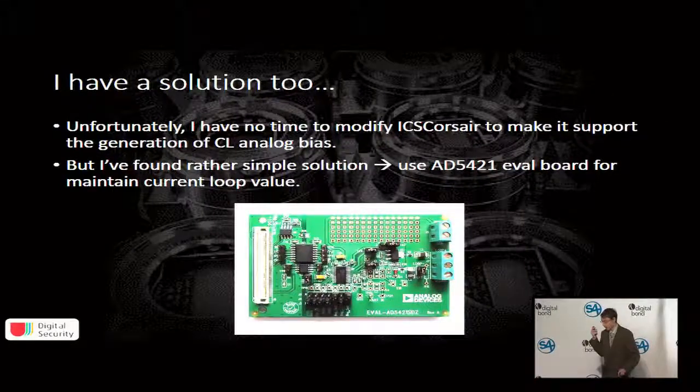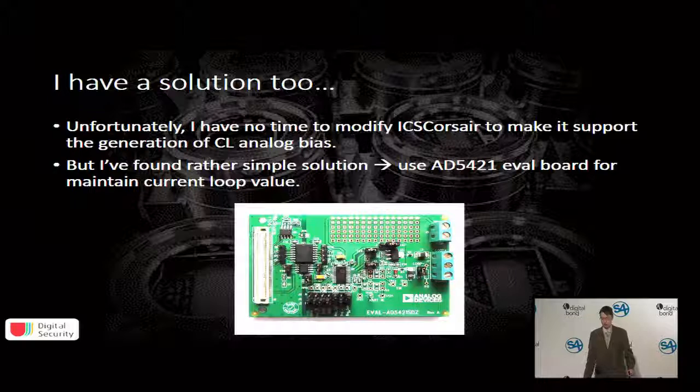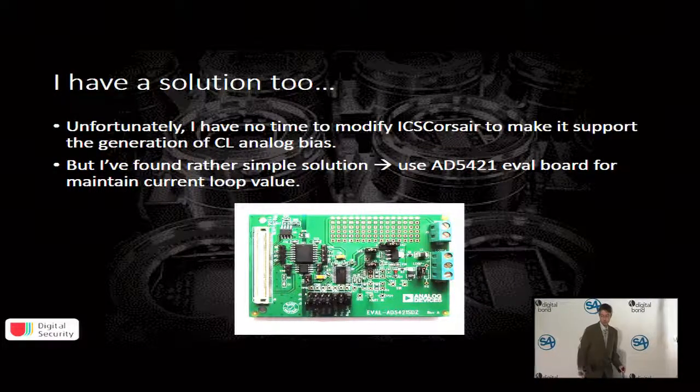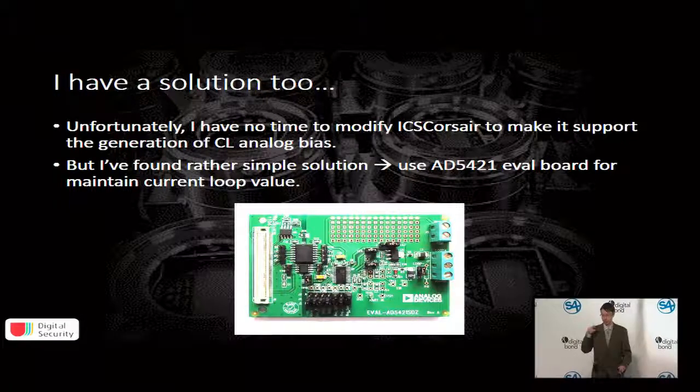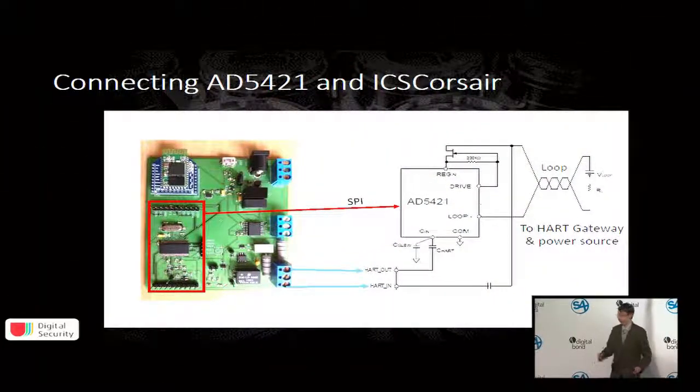Unfortunately, I have no time to modify ICS Cursor to support the generation of such bias. But I found a rather simple solution. I got an evaluation board from Analog Devices for maintaining the current loop, and interconnected it with my ICS Cursor. It was simple.